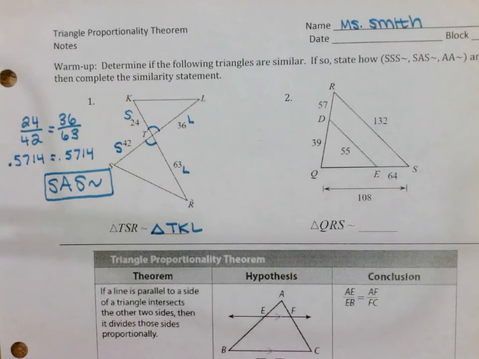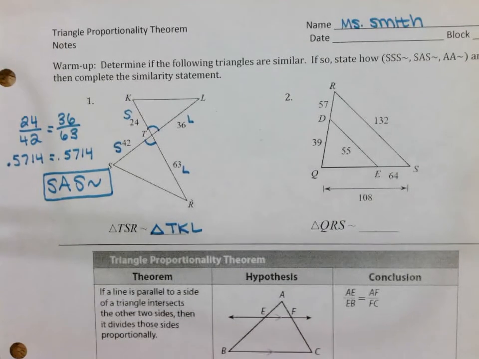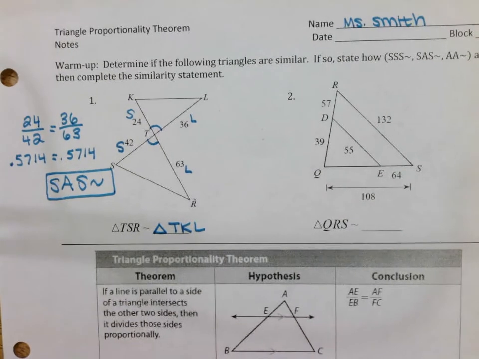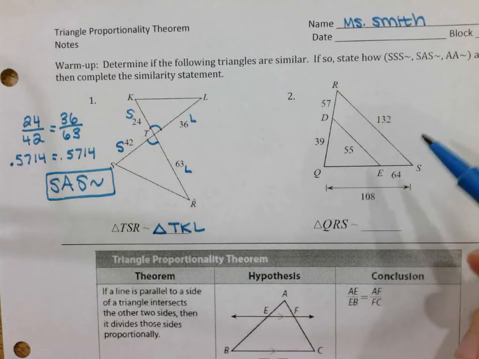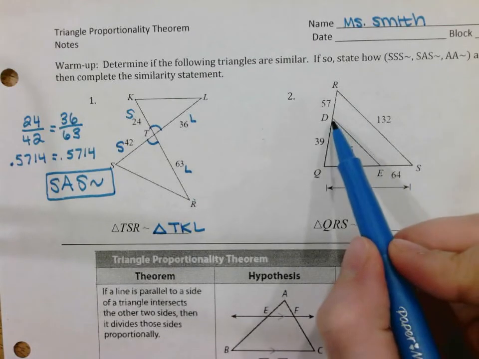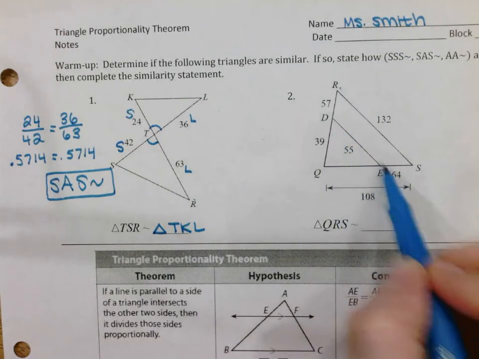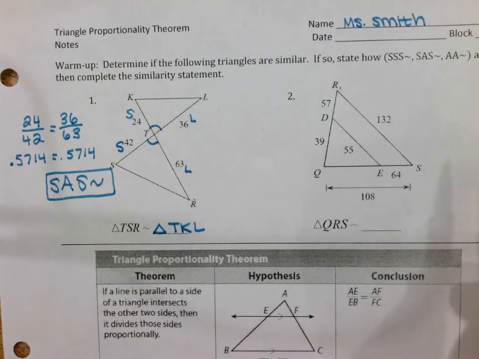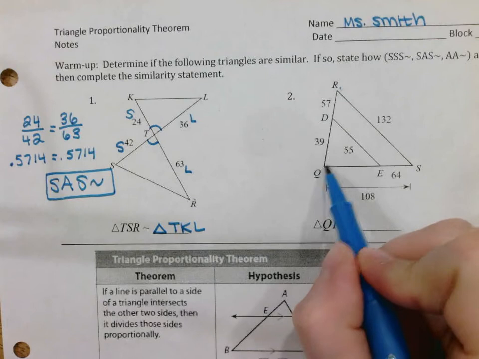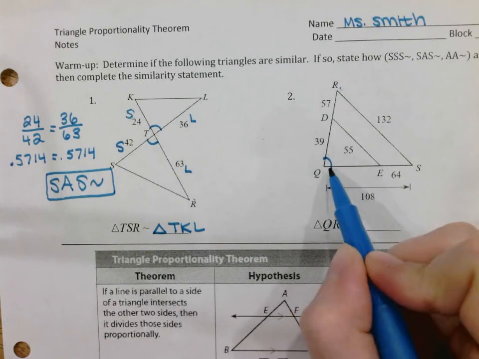Okay, for number 2, we could actually test a couple different things. So we are provided a lot of information here, and hopefully you can see how we have the big triangle and then the smaller one inside of it. Also, they share angle Q by the reflexive property.